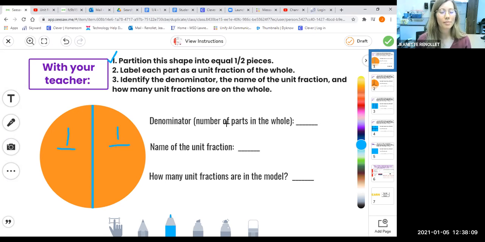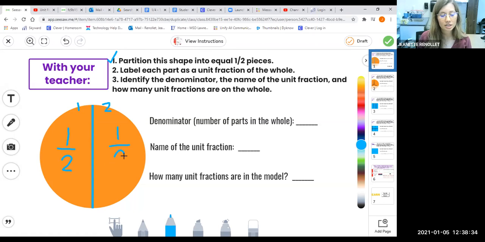But now I need to think about my denominator. My denominator goes down on the bottom, and it tells me how many parts are in the whole. So I'm counting 1, 2 parts in my whole. That means my denominator is 2.